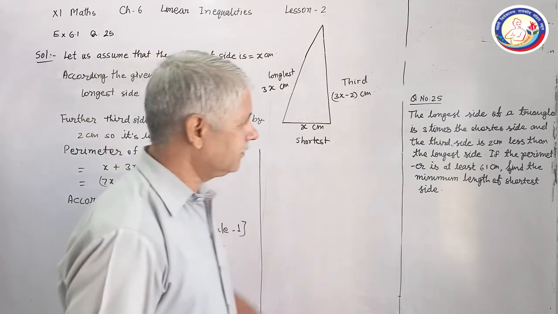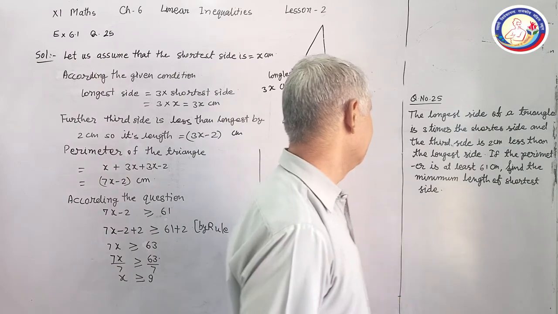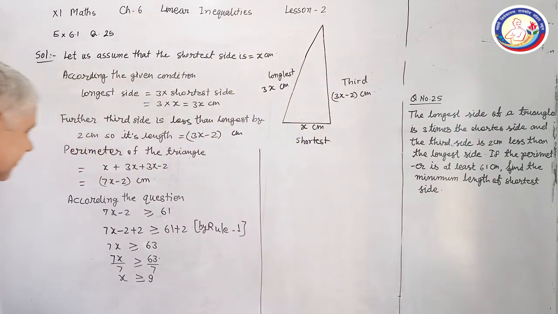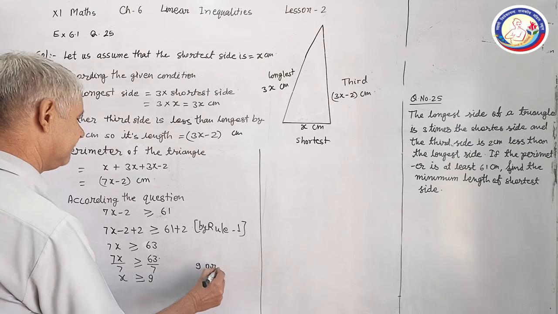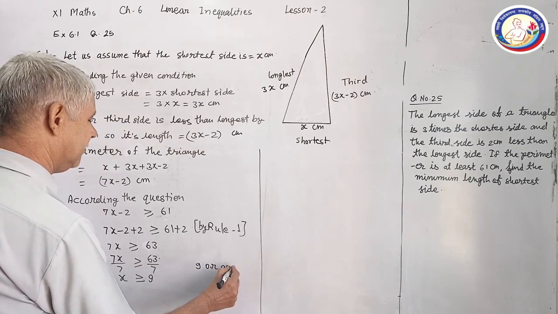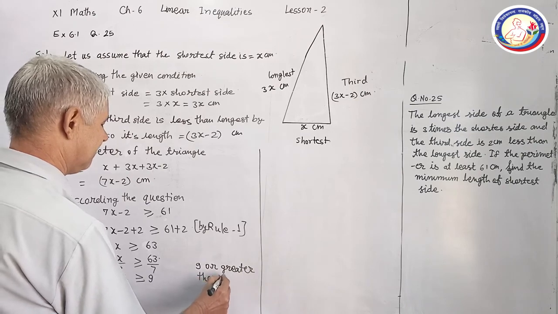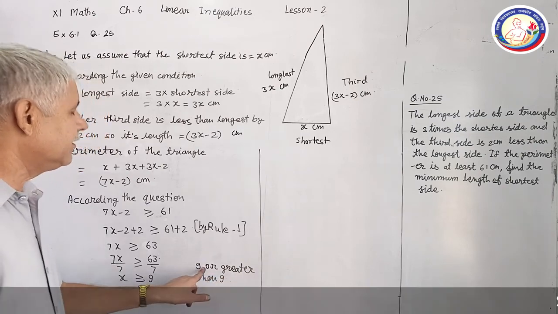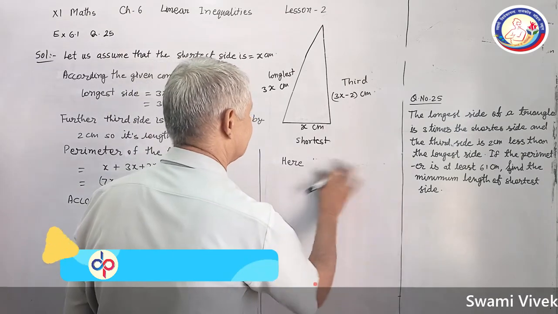So what is the answer? Find the minimum length of the shortest side. So what is the minimum value of this? The value of x here is 9 or greater than 9. It means 9 is the least value of x, the minimum length of the shortest side.